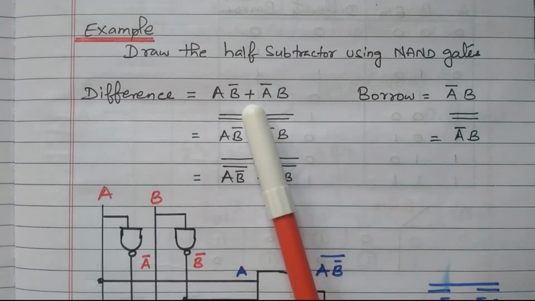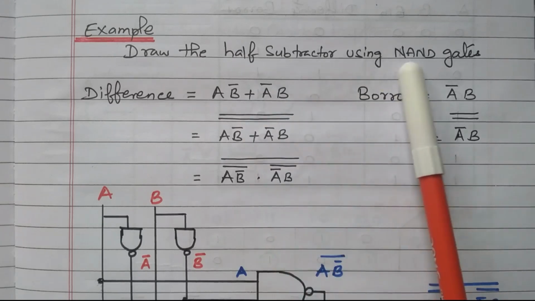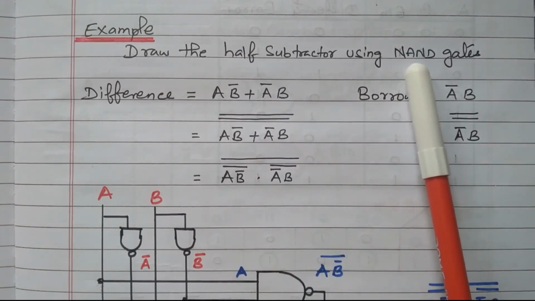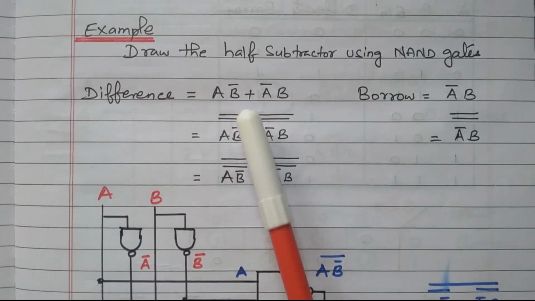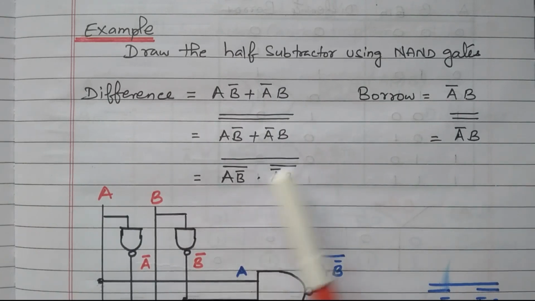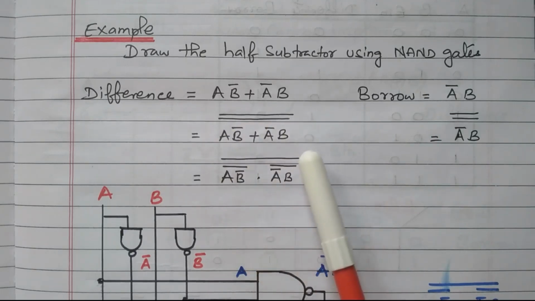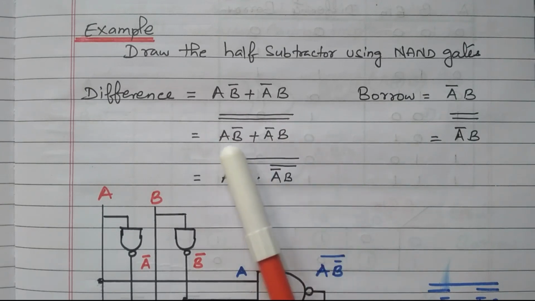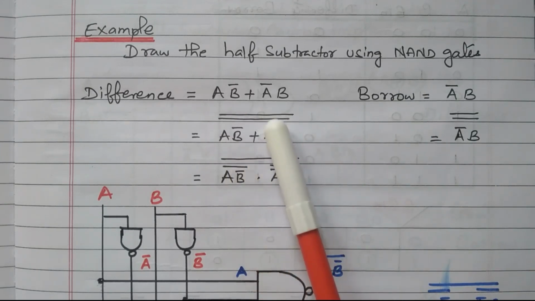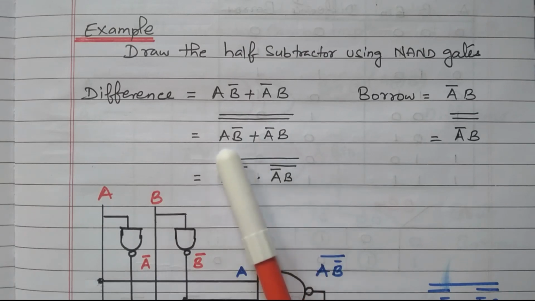In this expression, the addition is available, that is OR operation. In order to implement with the NAND gate, this plus is converted into multiplication, so that we can easily implement with NAND gate. So for that, what we are doing, we are taking the complement 2 times, so that the original value will not be affected. A B bar plus A bar B, complement 2 times, right? How to simplify this?